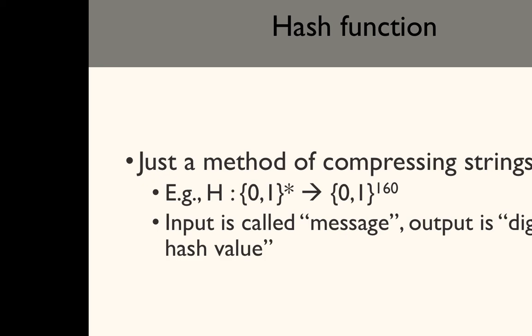A hash function is a function that takes a bit string of arbitrary length and outputs something with fixed length. The input is called the message, the original message, and the output is called the digest or hash value.